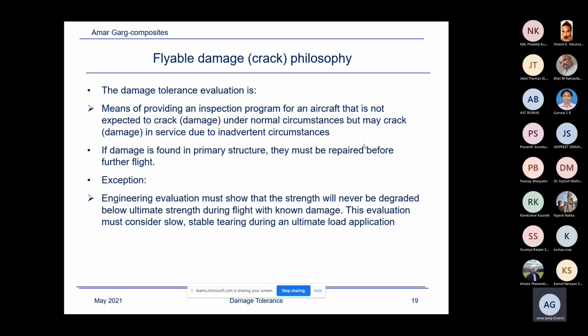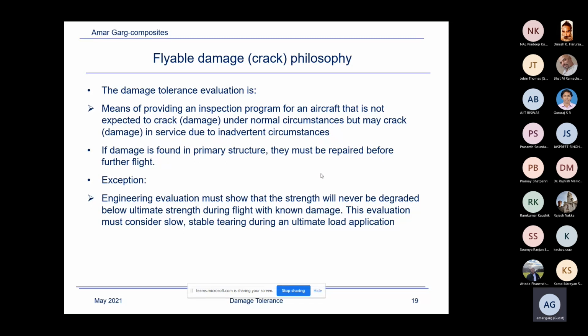So essentially, the crack philosophy, which is true for metals, is to determine the inspection program. In composites, we don't care about that because we decide on no growth of damage. So that crack growth doesn't arise here.